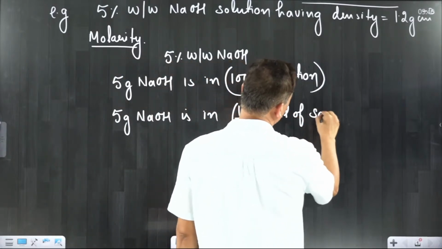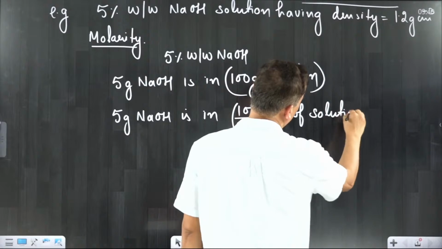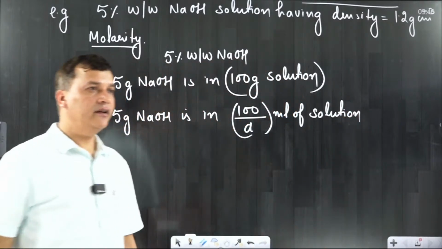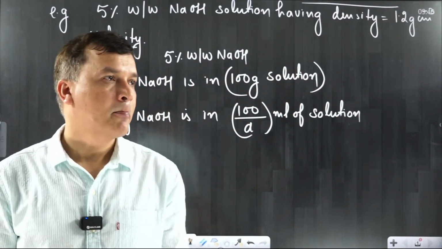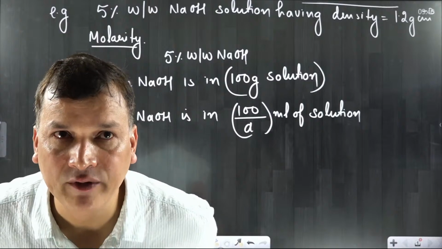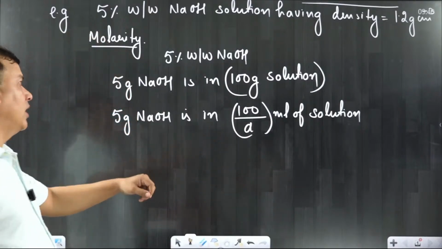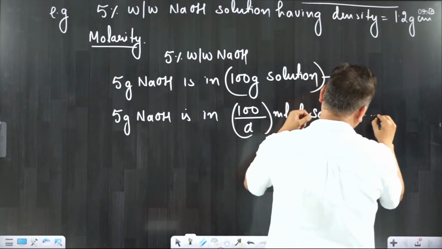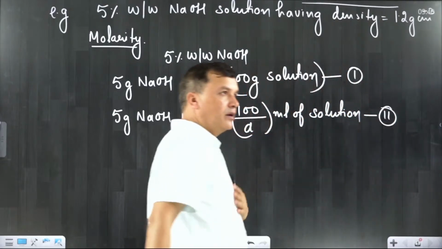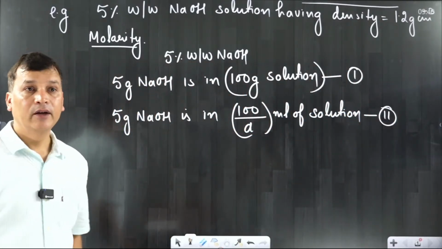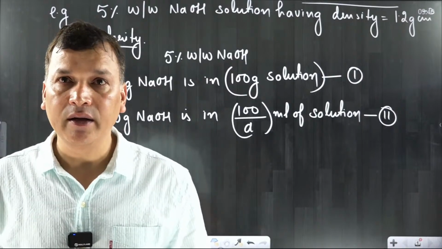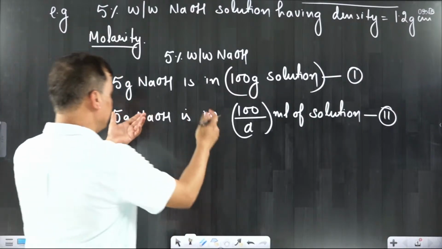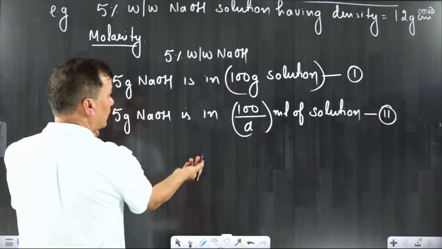Is that clear? The mass has to be divided by the density. Now we have the mass of solute and the volume of solution, so we can find molarity. We need only these two things. I am writing here.